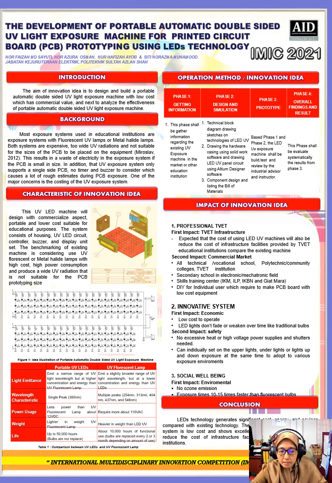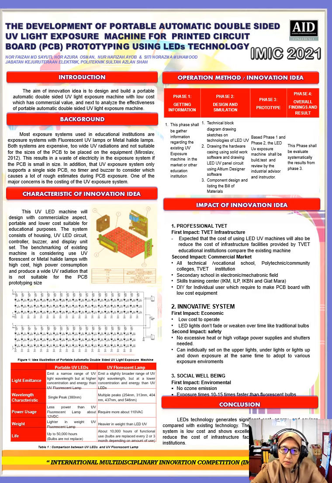Phase 2, design and simulation, involves 3 steps. The first step is the technical block diagram and sketch on the technologies of LED UV. Number 2 is drawing the hardware casing using SolidWorks software and drawing the LED UV panel circuit using Altium Designer software. Step 3 is component design and listing the bill of material.